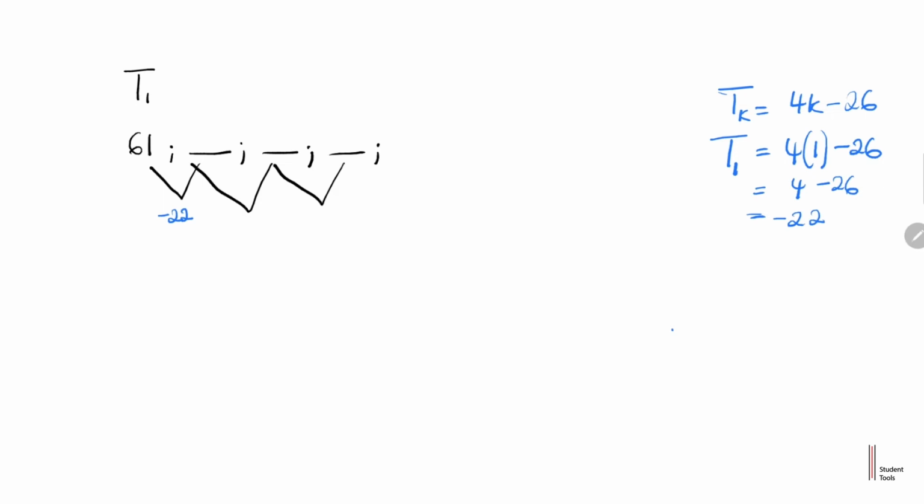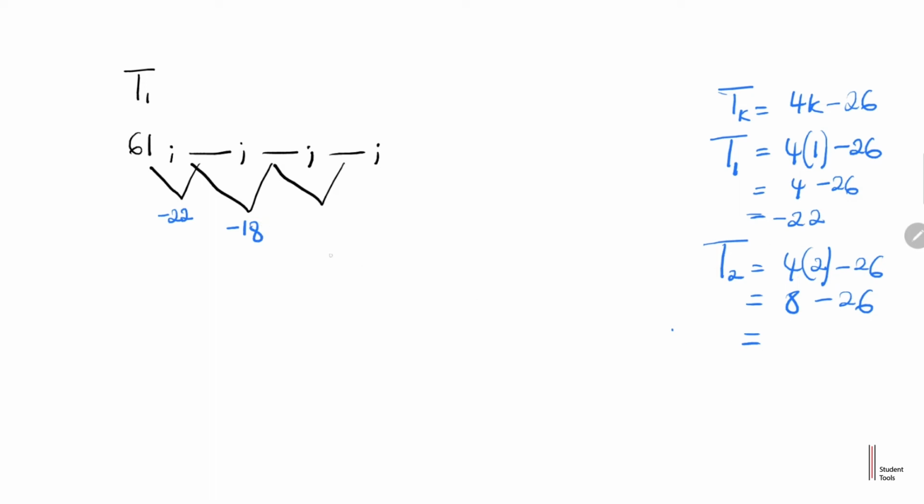And then for this one, we'll use the same formula. So term number 2 will be equal to 4 multiplied by 2 minus 26. So this will be equal to 4 multiplied by 2, that is 8, minus 26. So what is 8 minus 26? That is minus 18.